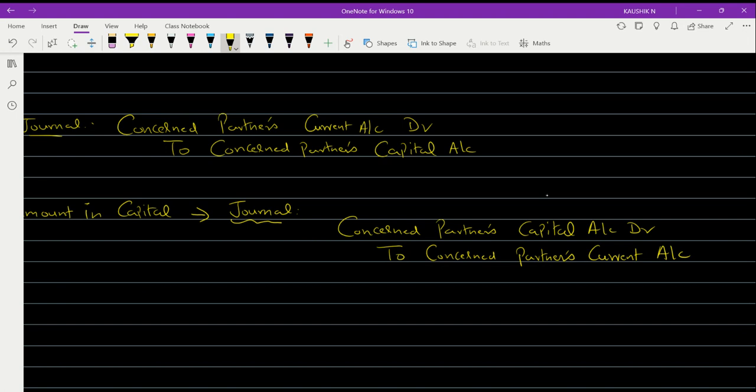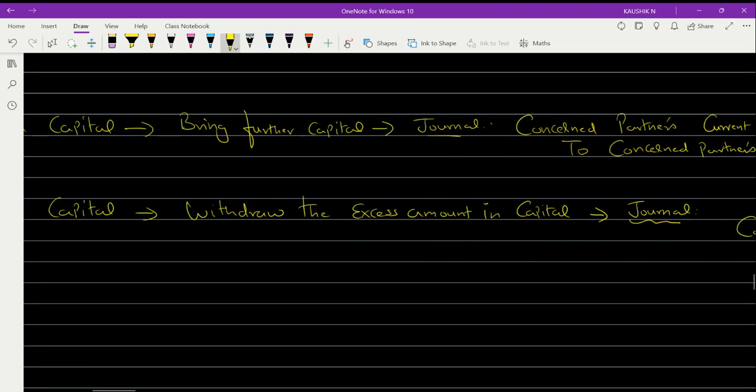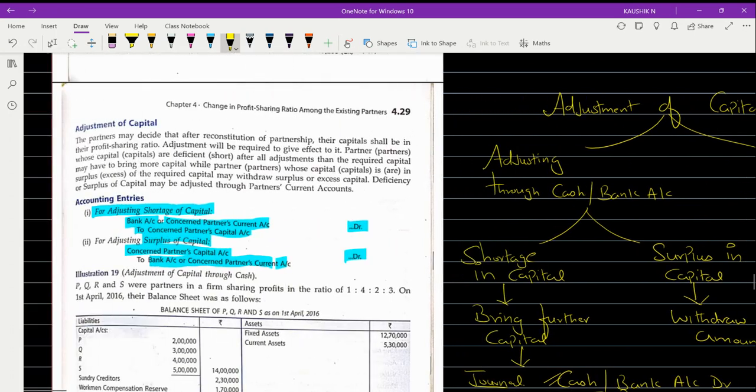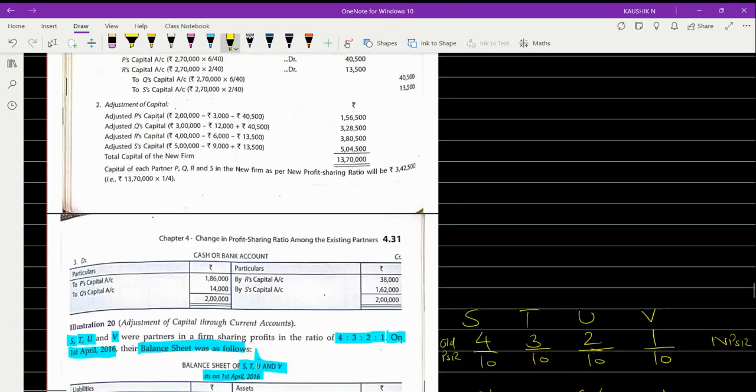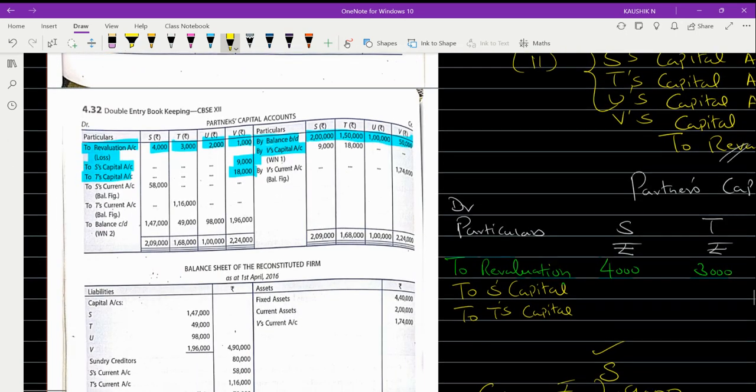For partner V, right? So the entry will be V's current account is debited to V's capital account. So in the capital account, you will find on the credit side, by V's current account.